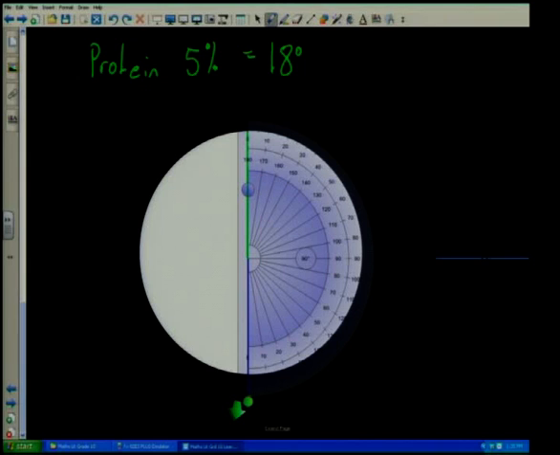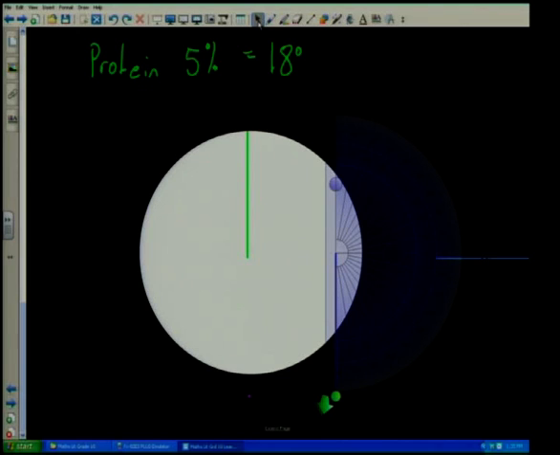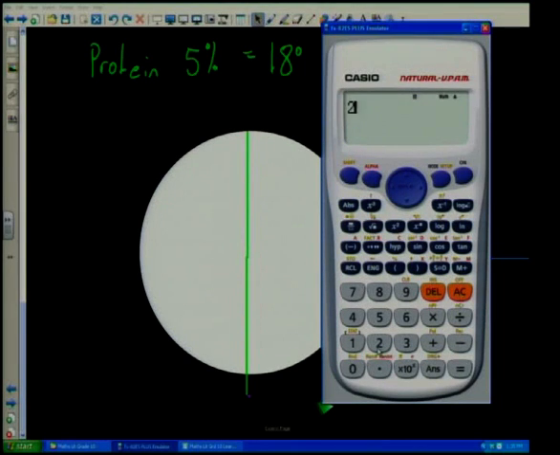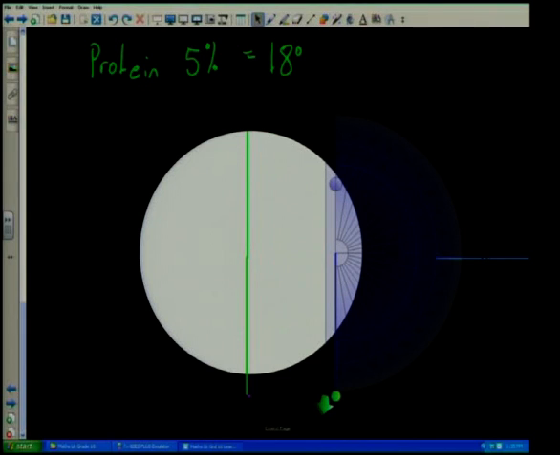So let's go back, let's move our protractor out for a second and complete this line to 180. So that is 180, but I need 216. So I'm going to do the balance. So let's find what the balance is. I take my 216 minus 180, and I end up with 36.